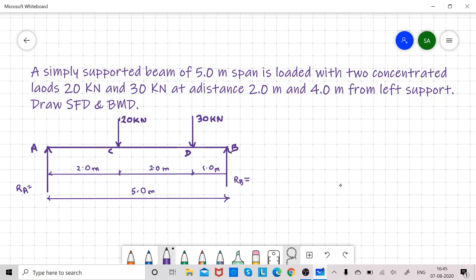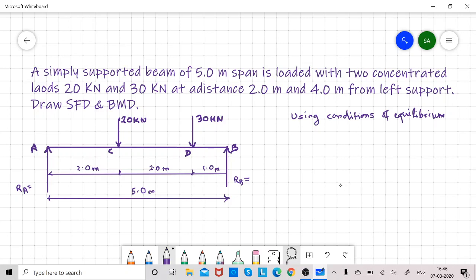Now to start with, we will find reactions RA and RB using conditions of equilibrium.